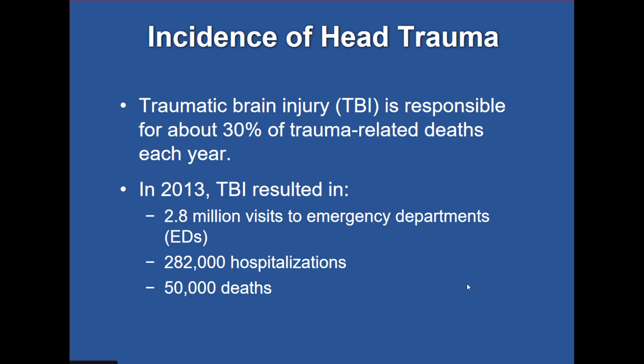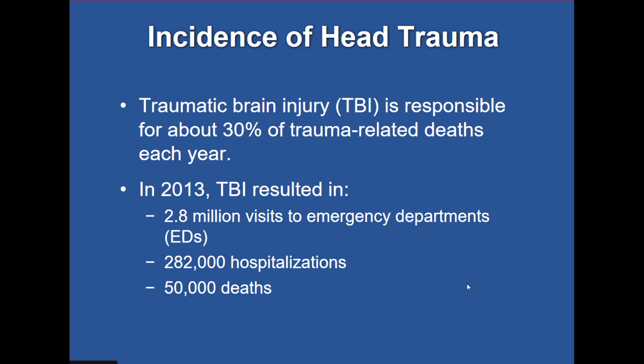And we've seen an increase overall in the number of traumatic brain injury visits to the ER. From 2007 to 2013, they saw an increase of about 50% in that time, and that trend has continued. I don't have recent stats on that, but anecdotally I know that trend has continued.